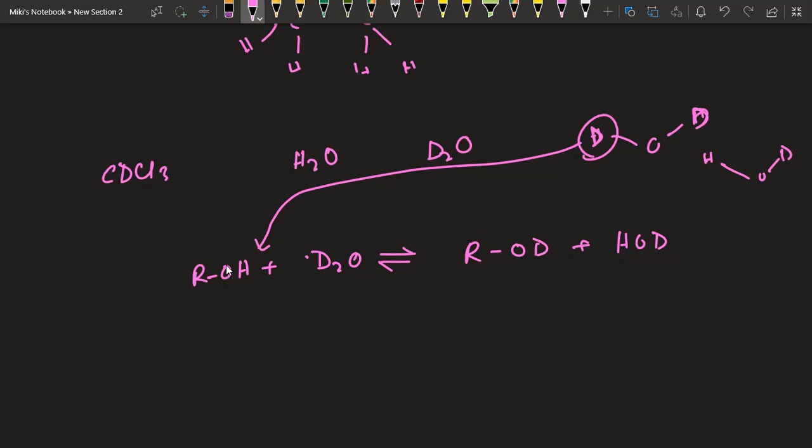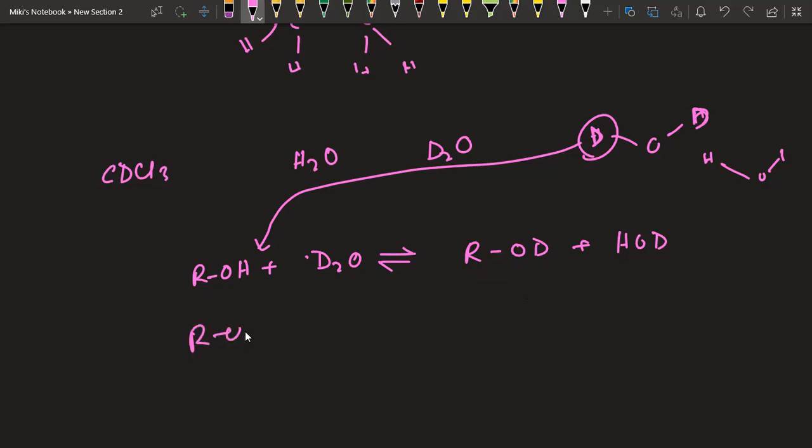The peaks, which are known as absorption, will disappear, like the singlet due to this absorption. That means we won't be able to get information about this molecule if D2O was added.